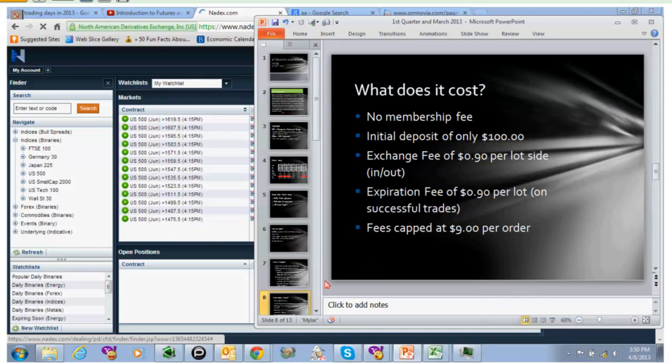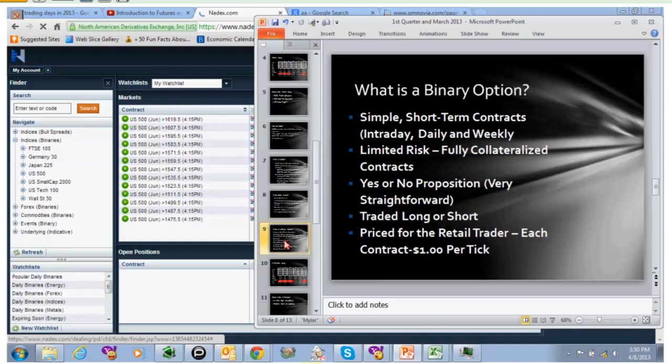Fees capped at $9 per order. So if we're doing 10 contracts, that comes out to $9. Anything over 10 contracts. Is that still true, Chris? Oh, that means there's an advantage to going over 10 contracts.